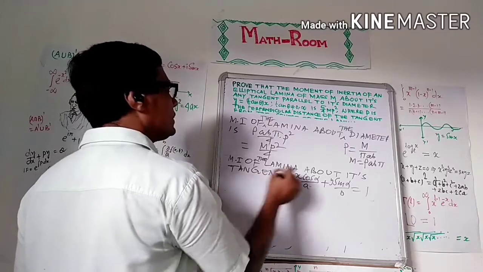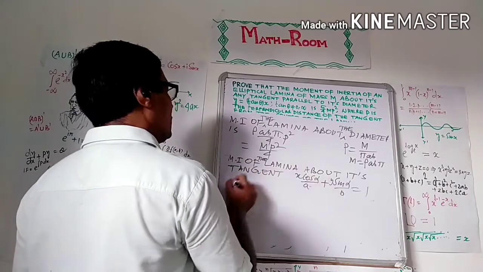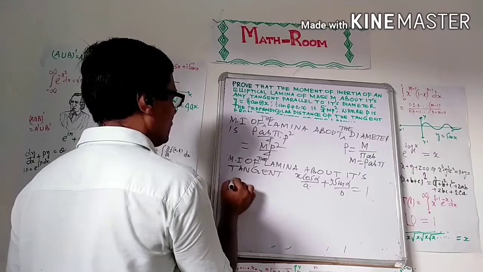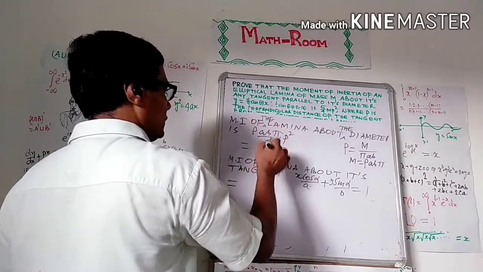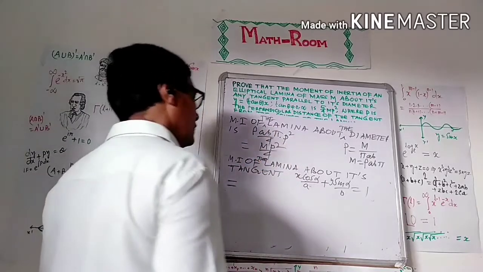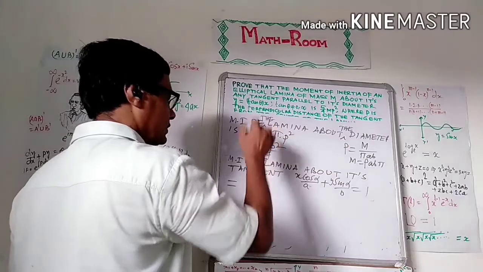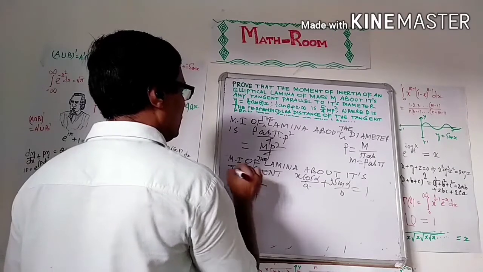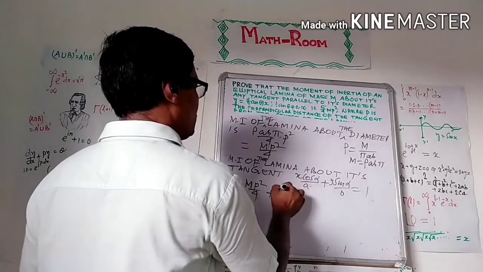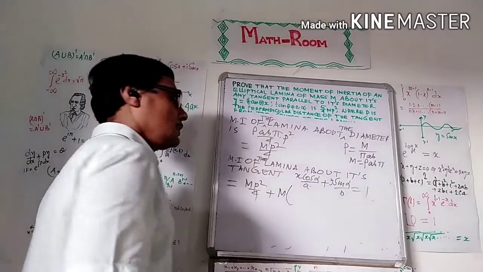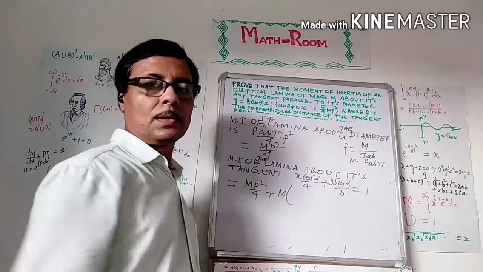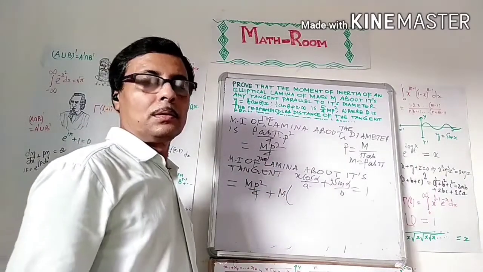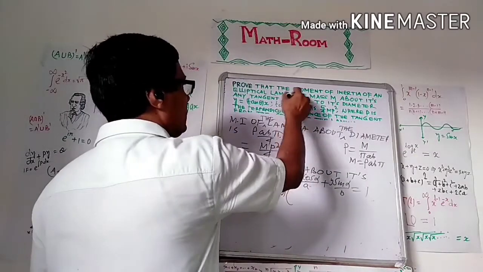So the moment of inertia of the lamina about the tangent, by using the parallel axis theorem, we can write as the moment of inertia of the lamina about its diameter, which is passing through its center of gravity, which is m p square over 4, plus the product of mass into the square of the perpendicular distance of the center of gravity from the tangent, which is given as p.